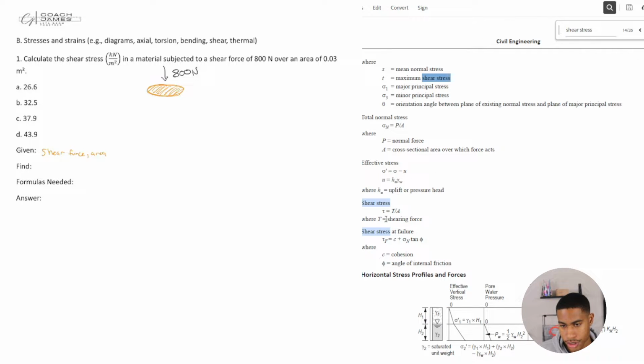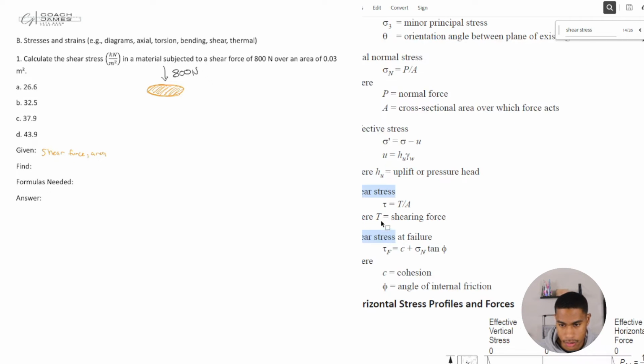All right, shear stress equals T over A. What is T? Shearing force. We're given shearing force, and we're given A, which is the area.